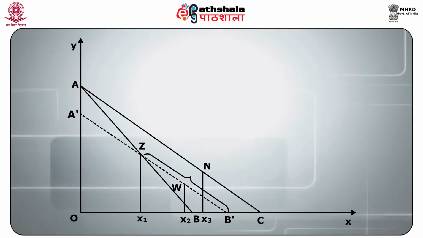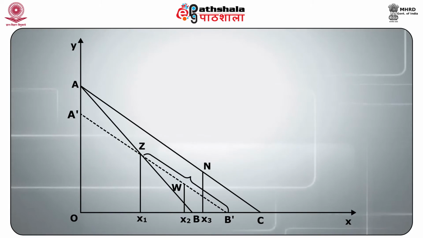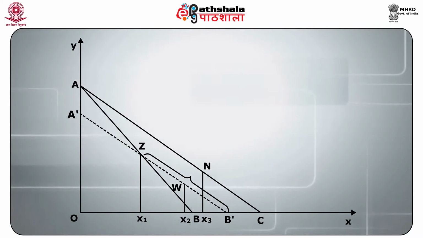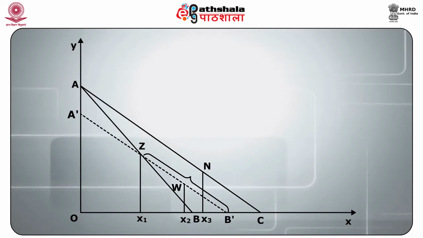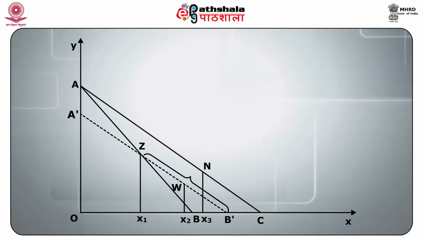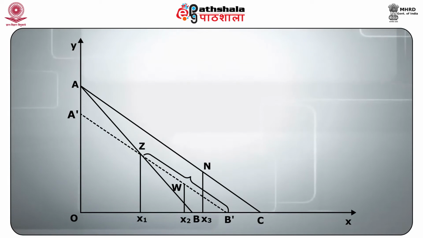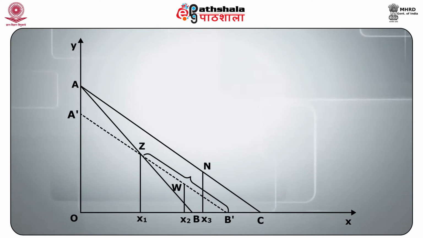On the other hand, if the income is compensated and the consumer moves to a better budget line, which is AC, then the total welfare, utility or satisfaction of the consumer would increase, and the consumer would find himself at point N. At point N, the consumption of commodity X is X3.